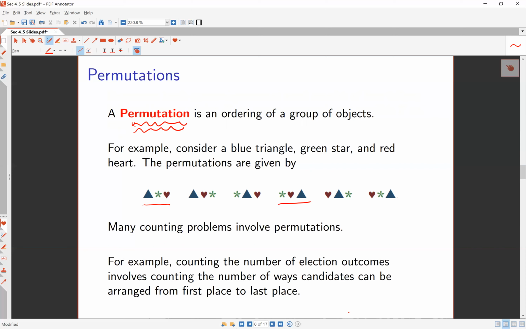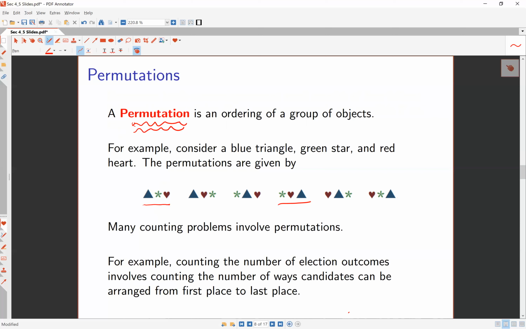For example, connecting back to our chapter on voting, we could ask how many different election outcomes are possible. How many lineups are there for a first choice, and then a second choice, and then a third choice, and then a fourth choice if there are 4 candidates? Well, this is an example of a permutation, lining up the candidates from your first choice to your last choice.